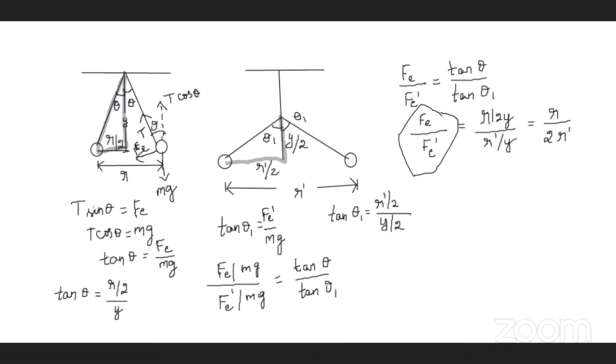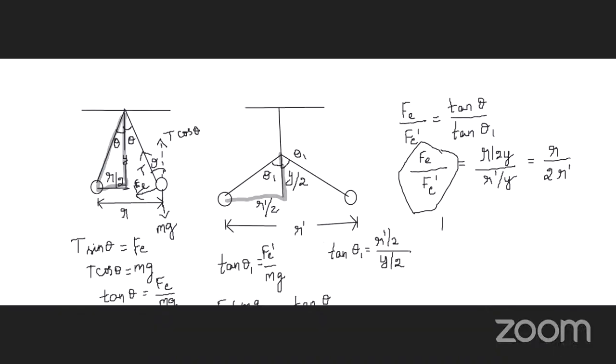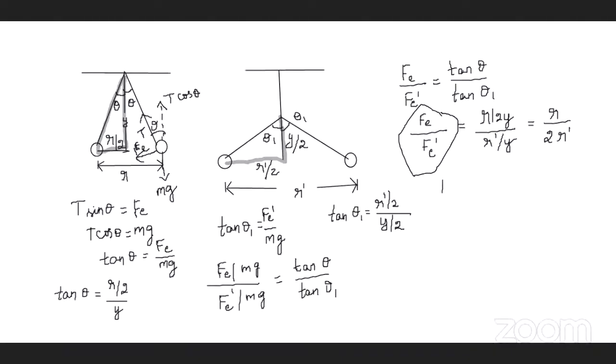Okay, so let us consider that the charges on each of these balls is q. So according to Coulomb's law, Fe is equal to k into q squared by r square.